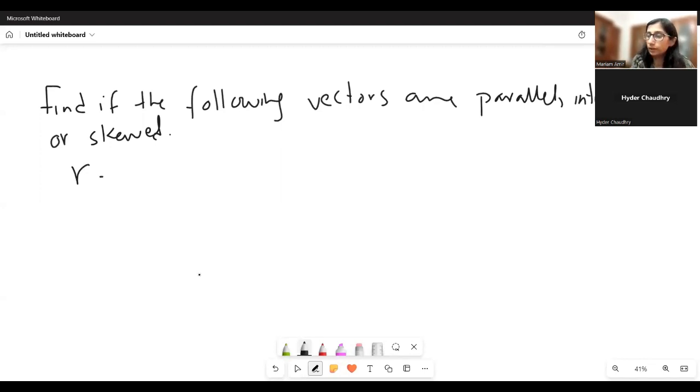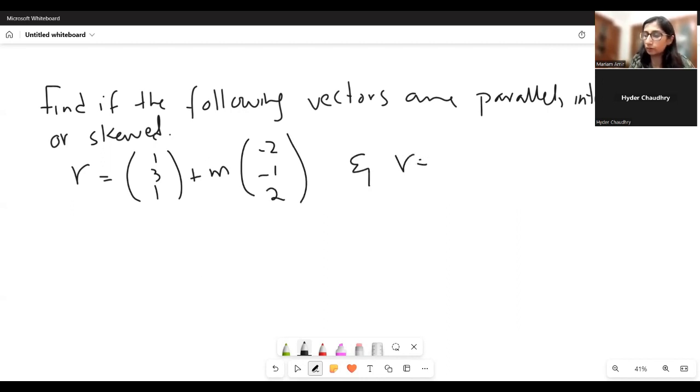So r equals (1, 3, 1) plus m (minus 2, minus 1, 2). And r equals (0, minus 2, 8) plus n (1, minus 1, 1).